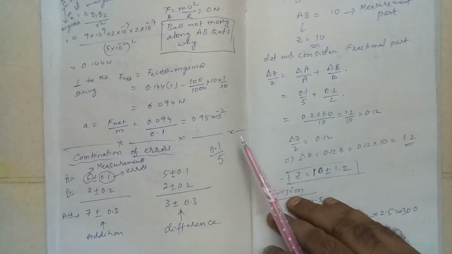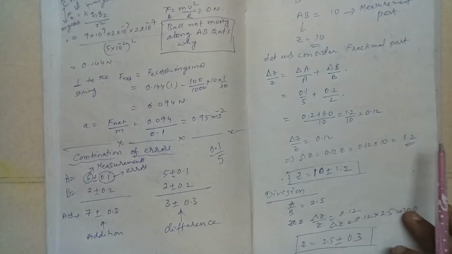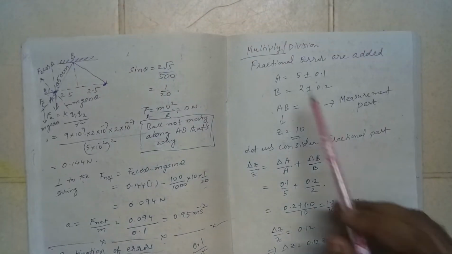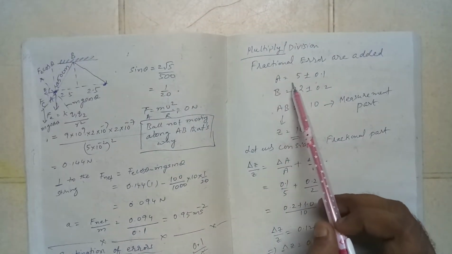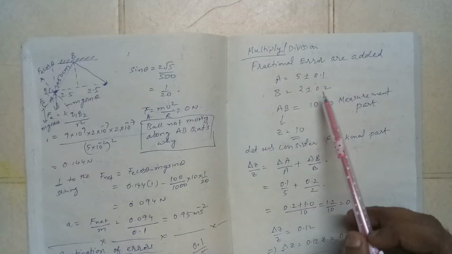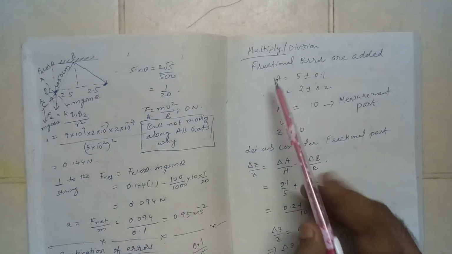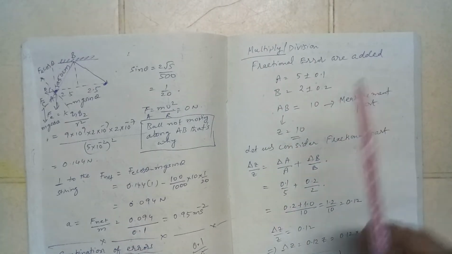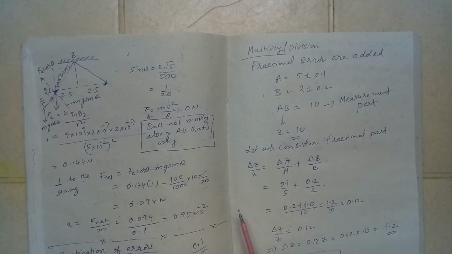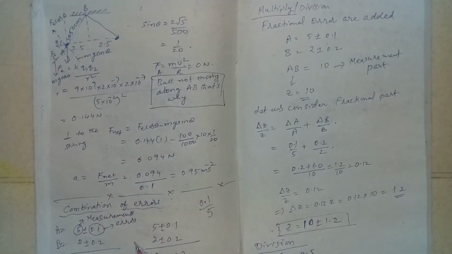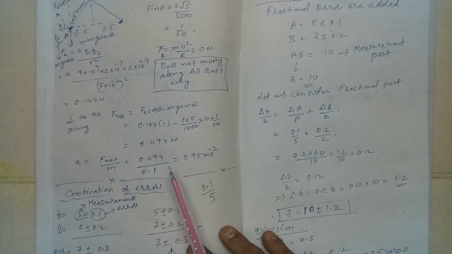Okay, there is another mathematical operation possible, multiplication. Let us take the same example. A is equal to 5 plus or minus 0.1, B is equal to 2 plus or minus 0.2. In this, whenever you do multiplication or division, fractional errors are added. For addition and subtraction, absolute errors are added.